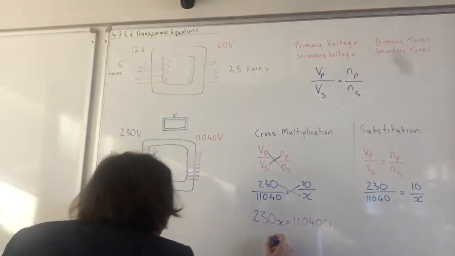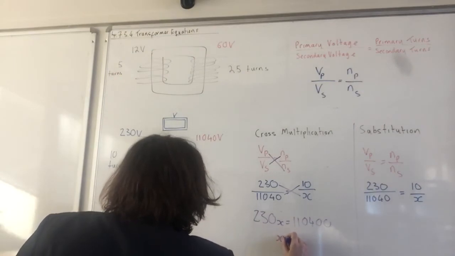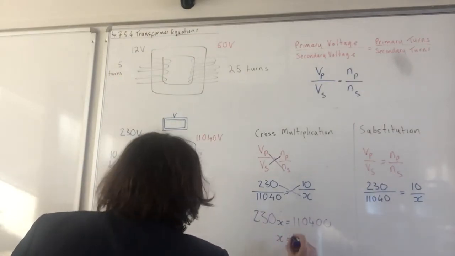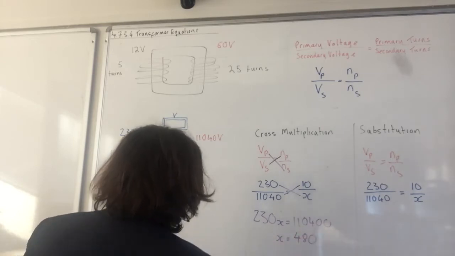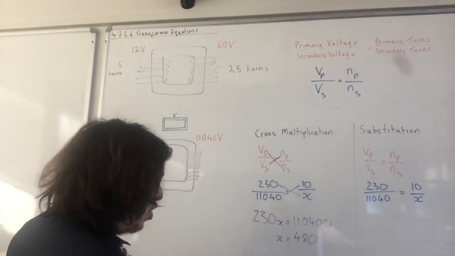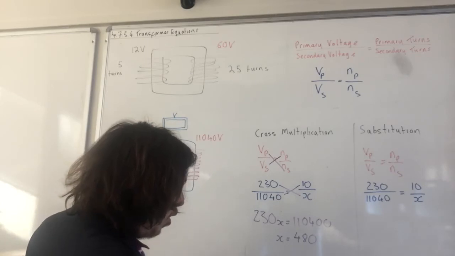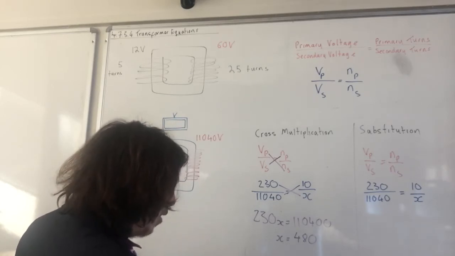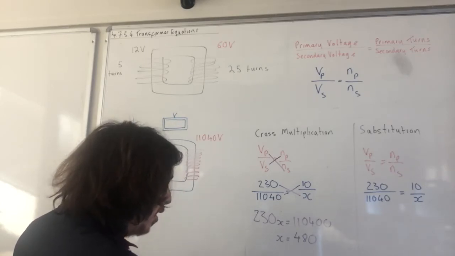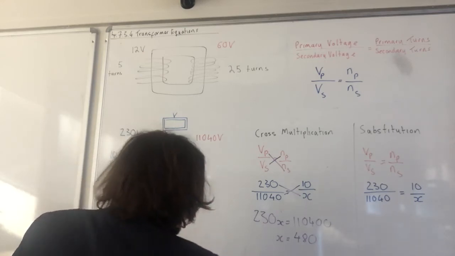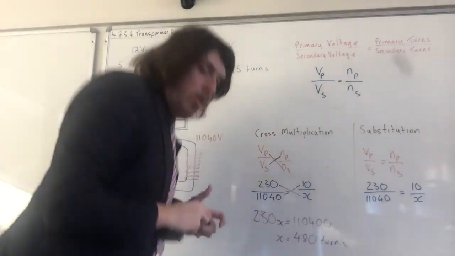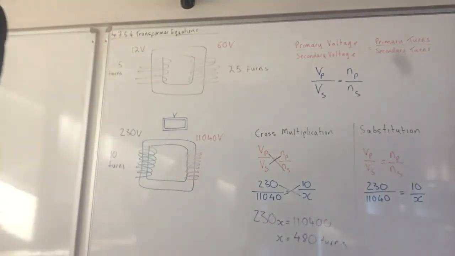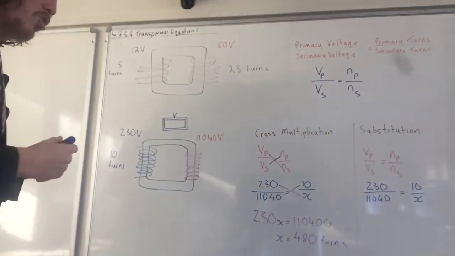Therefore, x is equal to 480. So let's check that. 110,400 divided by 230 is equal to 480 turns. 3 marks.